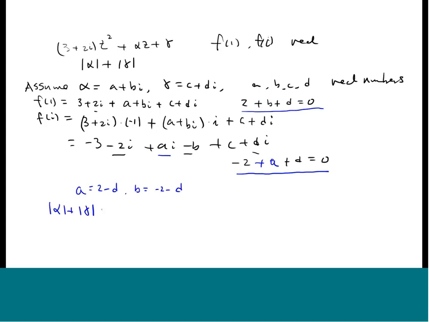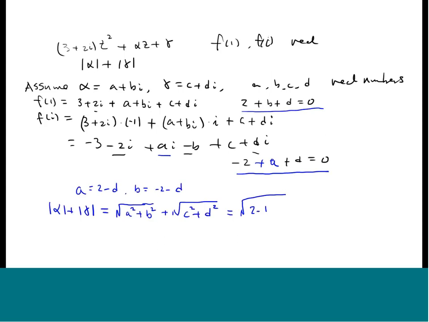plus gamma, which is alpha is square root of a square plus b square, right? Plus square root of c square plus b square. So you get the square root of a square, b square anyway.